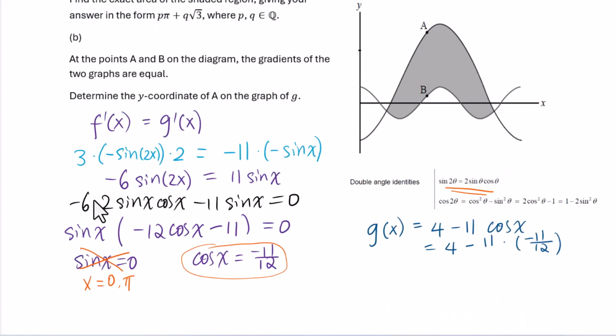Work this out: 4 plus 121 over 12, which is 48 over 12 plus 121 over 12. Final answer: 169 over 12.